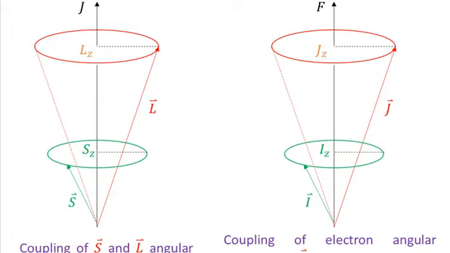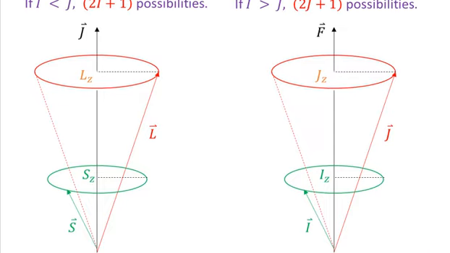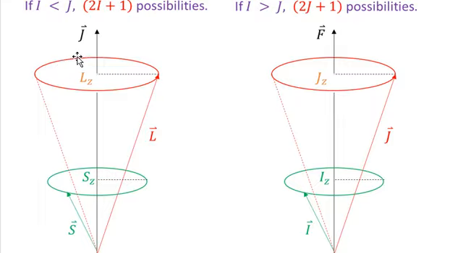You see that when L and S combine, they produce the total angular momentum J of the atom. I have shown the J vector, the S vector, and the L vector, and I have also shown some loops.